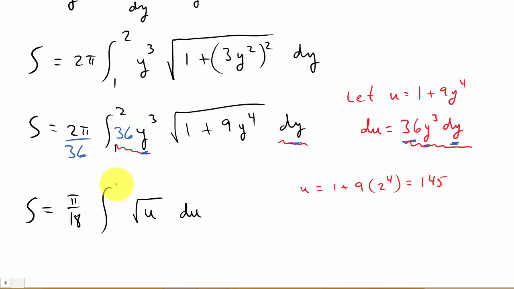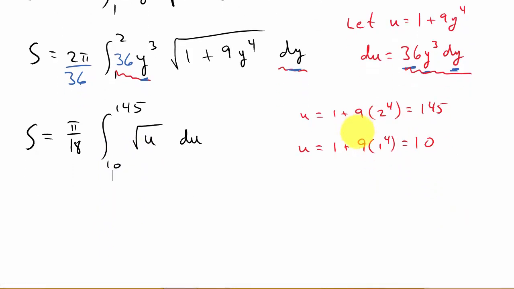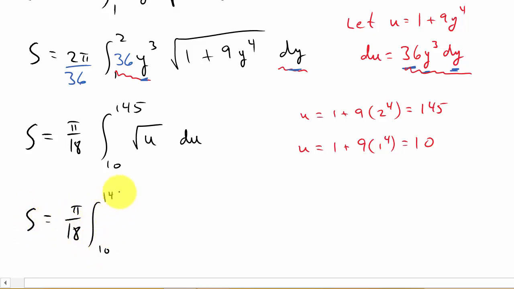And for the lower limit, u equals 1 plus 9 times 1 to the fourth, which gives me 10. So to integrate this, S is pi over 18 times the integral from 10 to 145, and we'll change the radical to a 1/2 power.